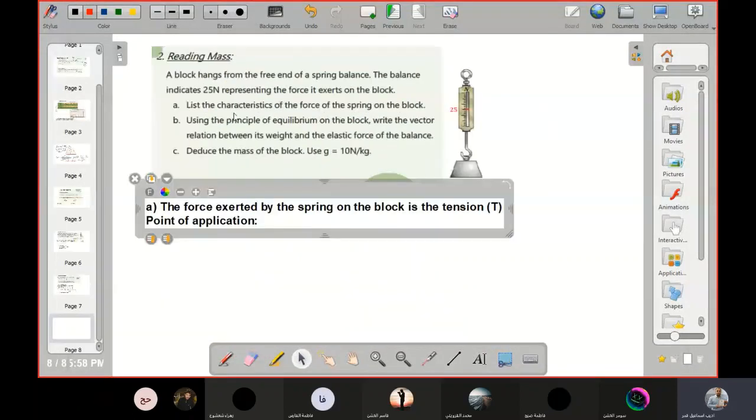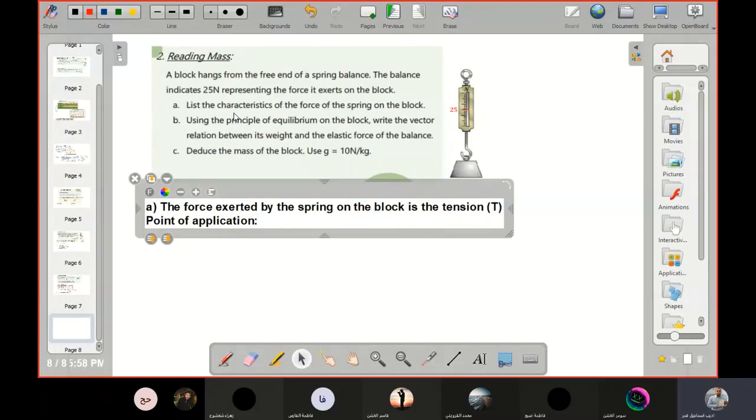A block hangs from the free end of a spring balance. The balance indicates 25 Newton, representing the force it exerts on the block. List the characteristics of the force of the spring on the block. As you have answered, the force exerted by the spring on the block is the tension T. What is the point of application of this force?